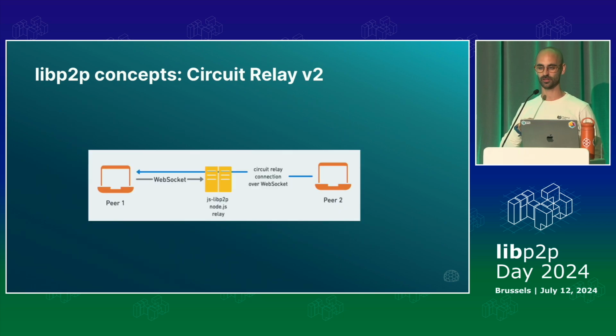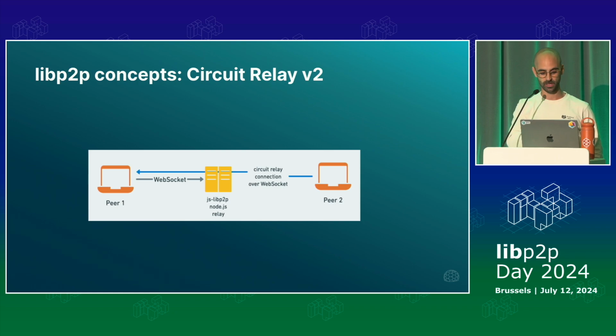So it's going to ask for a circuit relay reservation, and essentially that will allow peer 1, which is running on a browser which isn't publicly reachable, to become publicly reachable from the public internet, as long as, of course, this relay is publicly available.